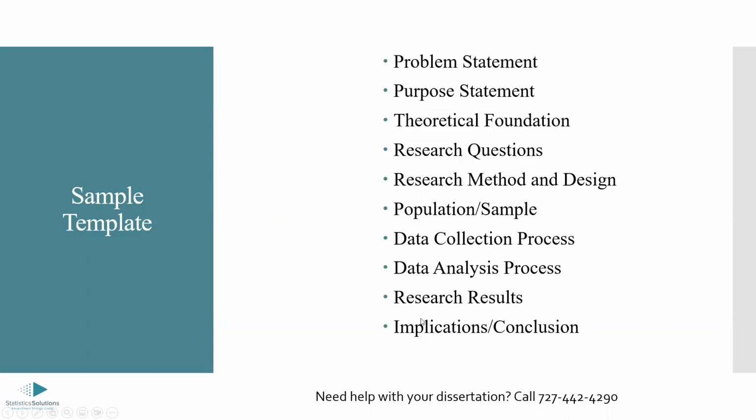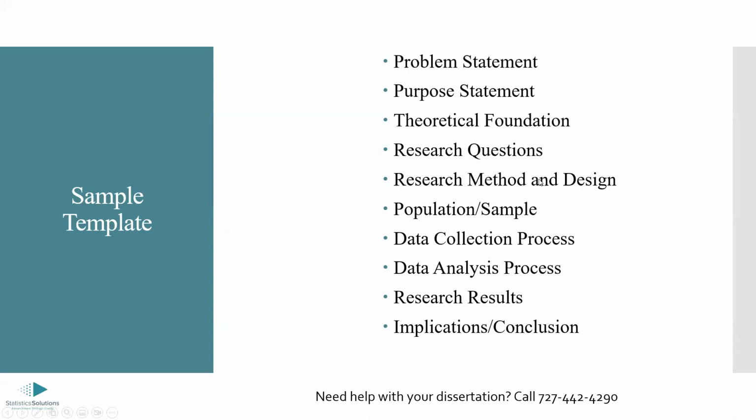This is a sample template that I see a lot of universities use. It might be in a slightly different order, or the sections might be called something else. But this is the basic template. So we have a problem statement, then a purpose statement, then you jump into your theory and why the study is being conducted. Then you present your research questions and your hypotheses.